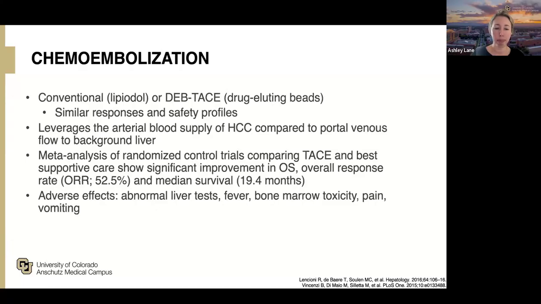So really, we know, just looking at overall response rates and median survivals, there's a significant improvement, as you can imagine, in those things compared to best supportive care. Adverse effects we can see, so we can get abnormal liver tests, fevers, bone marrow toxicity from the drug, pain, and vomiting.